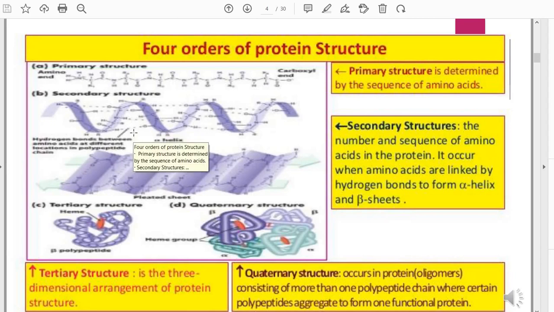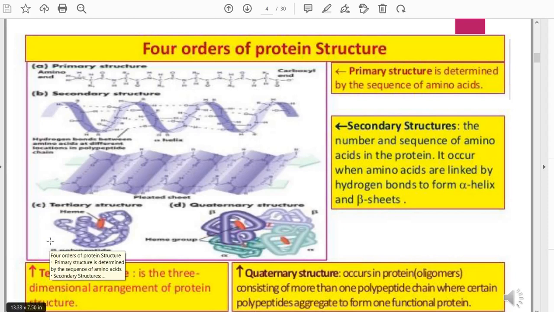What called hydrogen bonds. يبقى ال secondary structure when the number and sequence of amino acid is twisted in the form of alpha helix or beta pleated sheets and stabilized by hydrogen bonds.